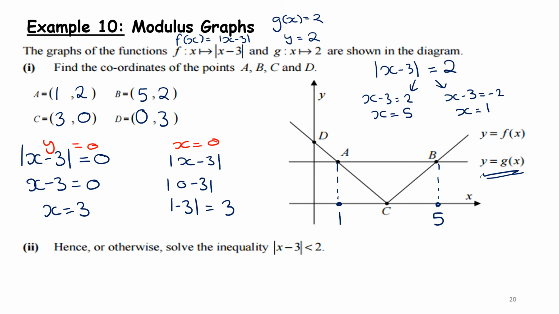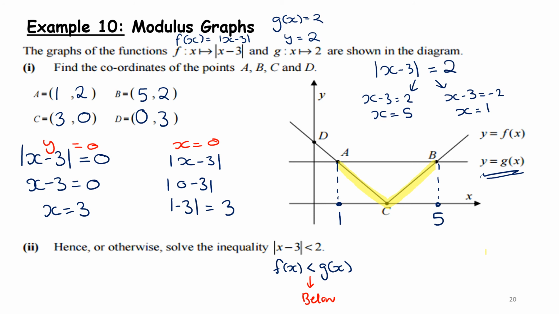So we want where x - 3, which is f(x), is less than 2, which is g(x). So they're asking where is f(x) less than g(x). Less means below. So where on the graph are we talking? And we're talking about here. So this is the place where f(x) is less than g(x).